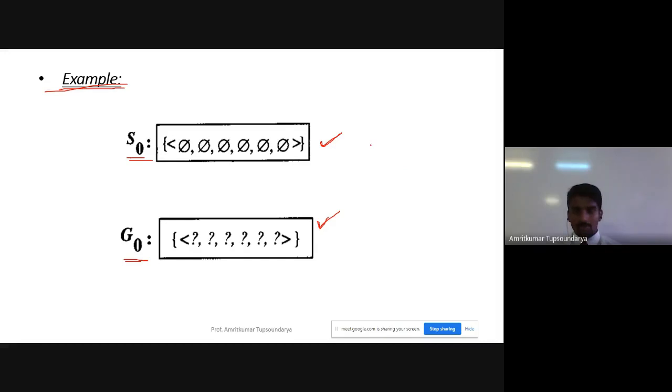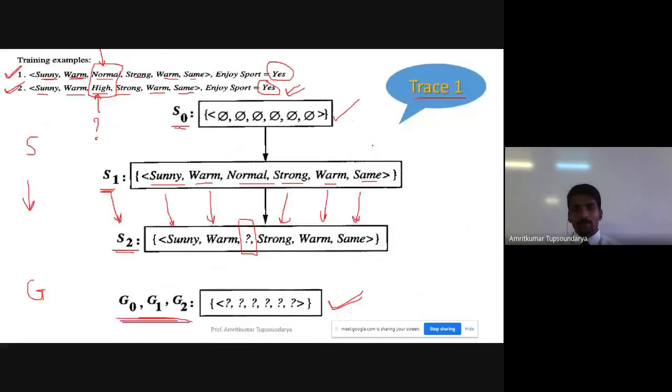These are our delimiters. Then, when we encounter our first training example, which is a positive, we move towards more generality by updating this most specific hypothesis with the first training example.